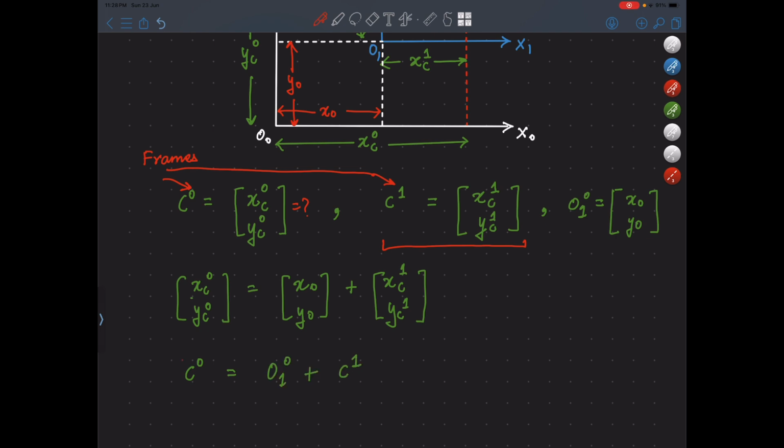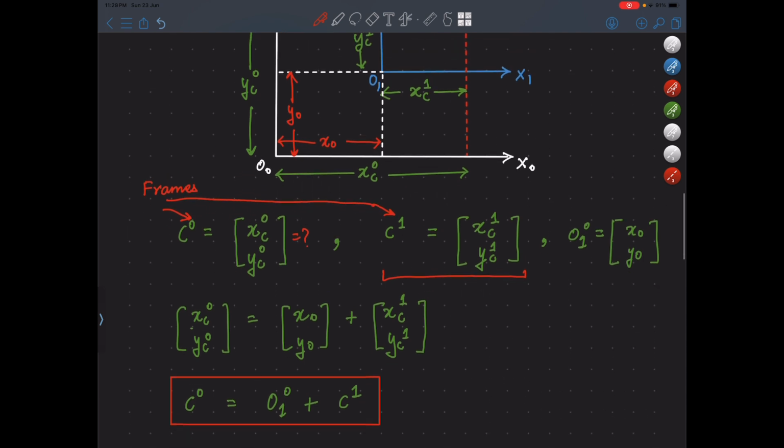So this is the formula to remember: the coordinates of the points on the robot with respect to the fixed frame during pure translation is just the coordinate of the point C with respect to the moving coordinate frame plus the overall movement by which the robot has translated. So this is fairly easy.